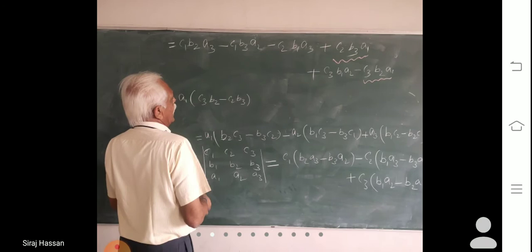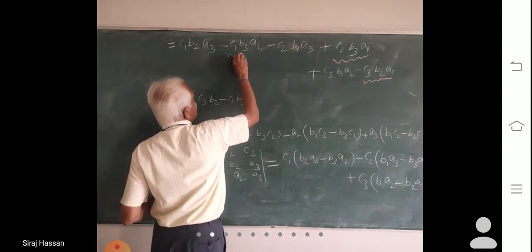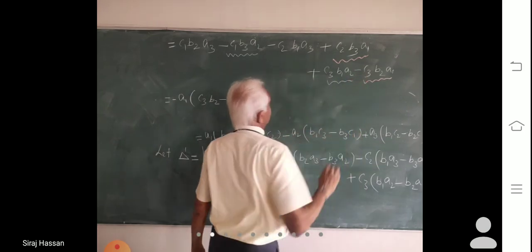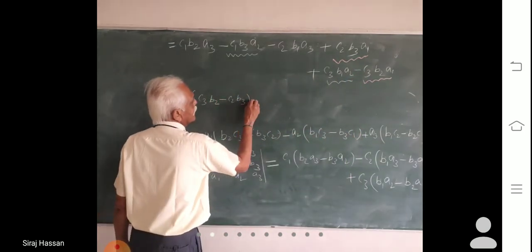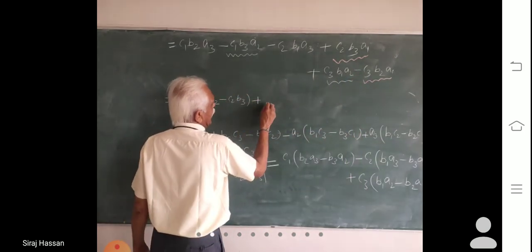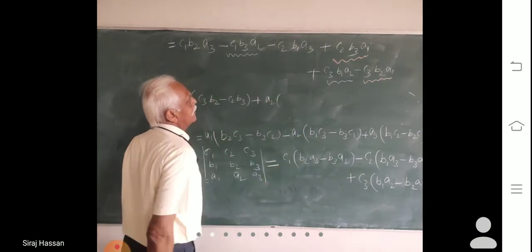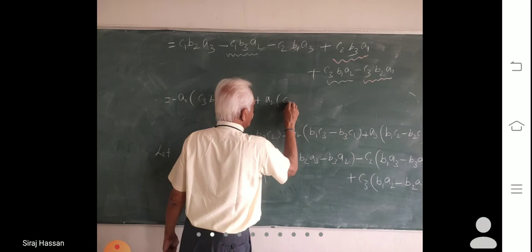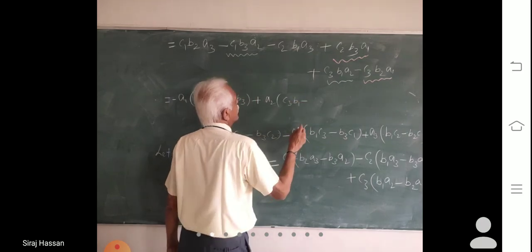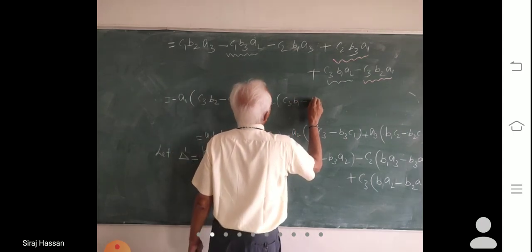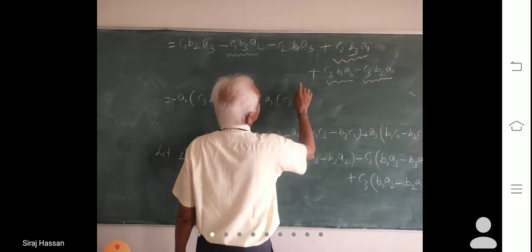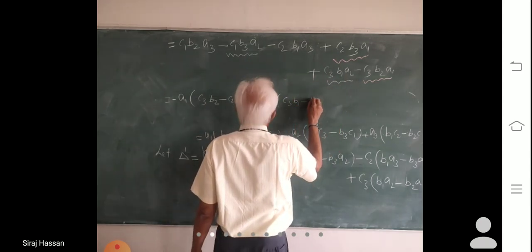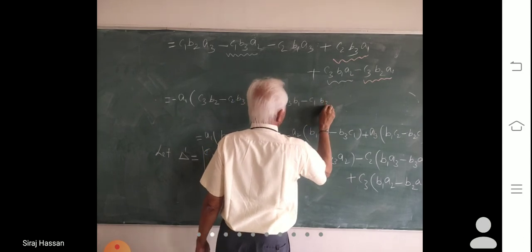Then find out the A2 terms, this one and this one: plus A2 into C3 B1 minus C1 B3.